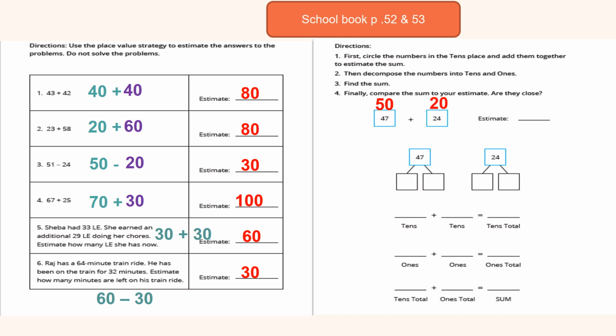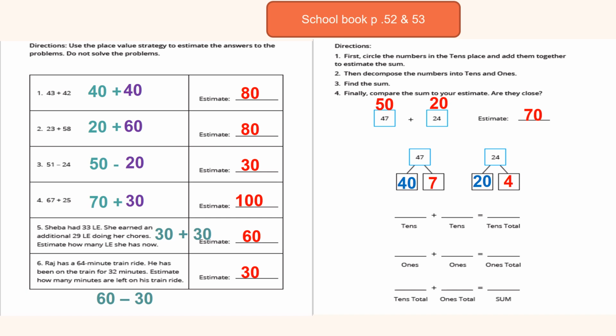Now let's decompose 47. 40 in tens, 7 in ones. Let's decompose 24. 20 in tens, 4 in ones. Now we want to add tens together. How many tens do we have in 47? We say tens, so we must cancel zeros.